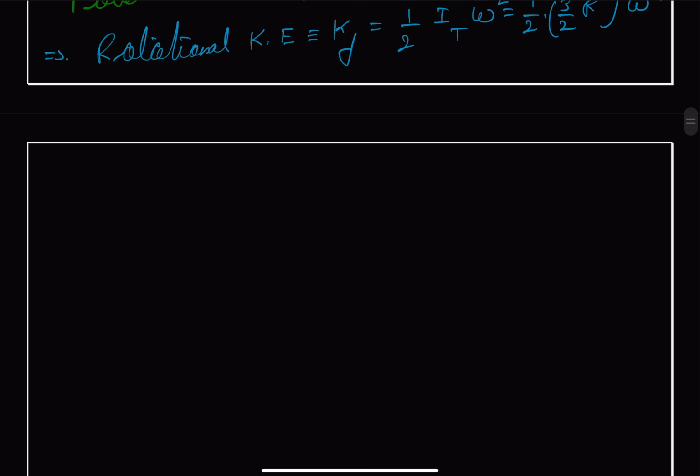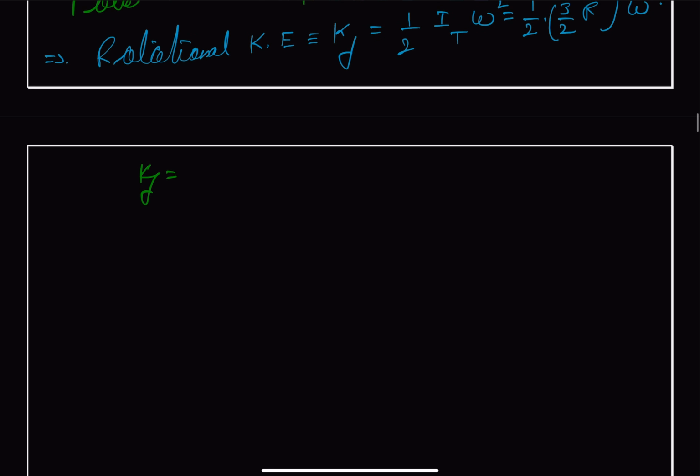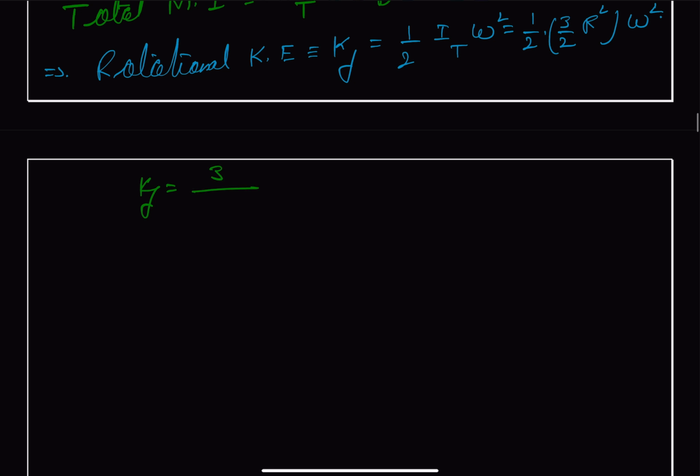So we get K final equal to 3/4 r square omega square.